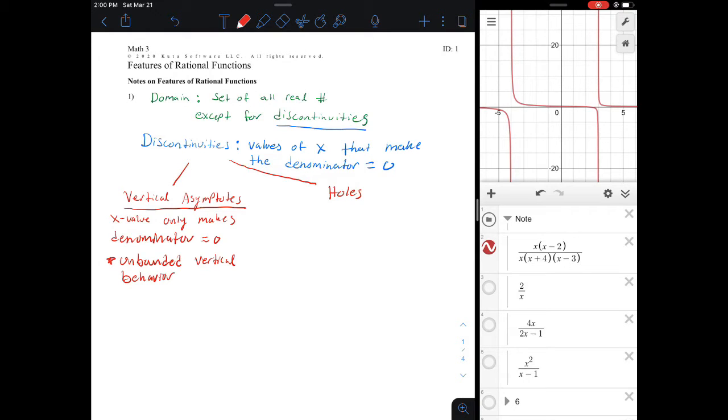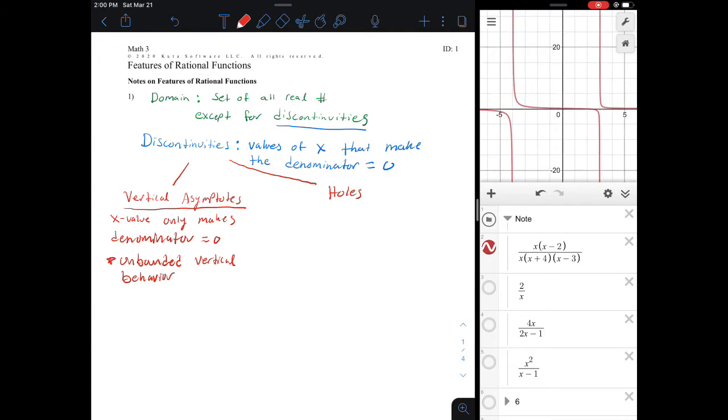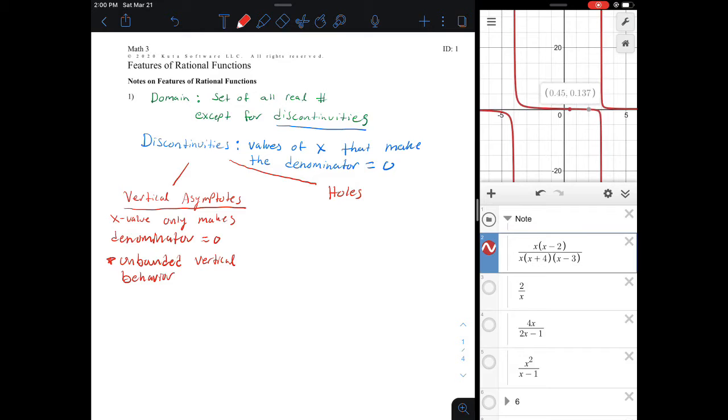Now at x equals 0, we don't see anything. So I'm going to come over here and start tracing on Desmos. There it was. Hold it right there. It says 0 undefined. Well, it's not defined at 0. However, I don't see the unbounded behavior with the graph going straight up and down as a vertical asymptote. There's actually a hole there at 0.